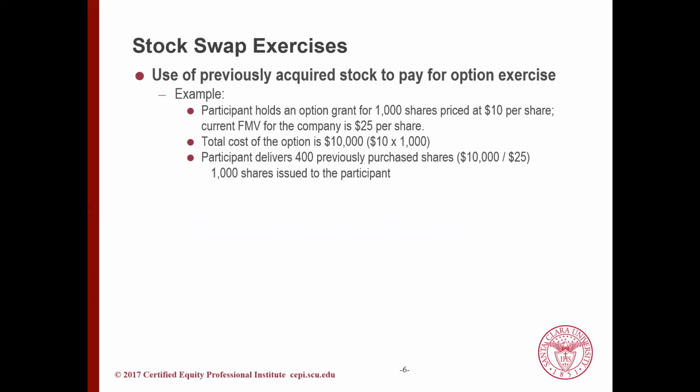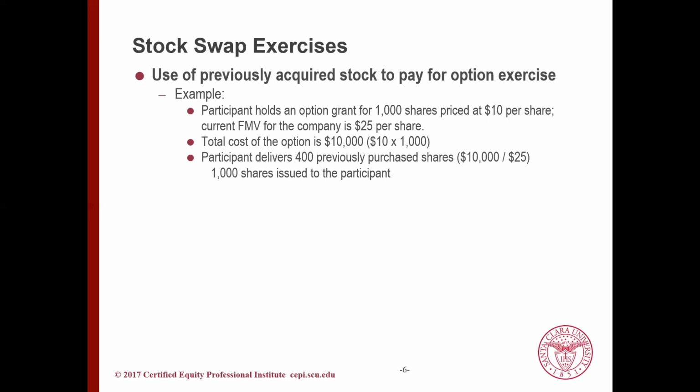So stock swaps are a way that somebody can exchange shares that they currently own for shares that have vested, and kind of a net payout. They're a way of exercising an option, turning in shares that you already own to cover your exercise price.